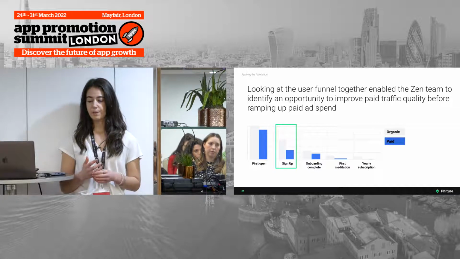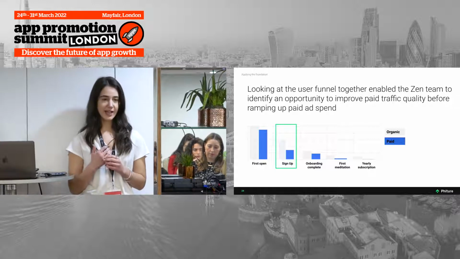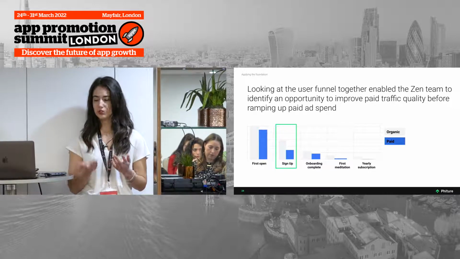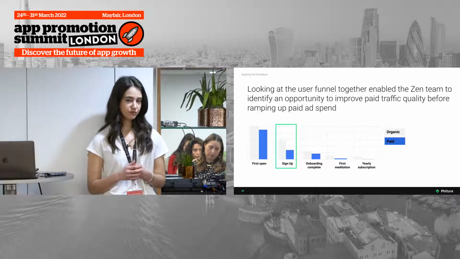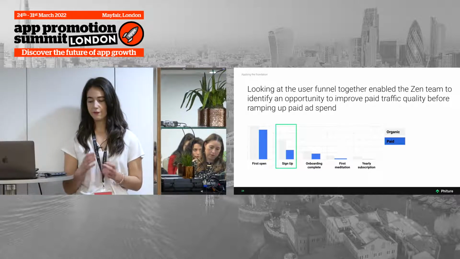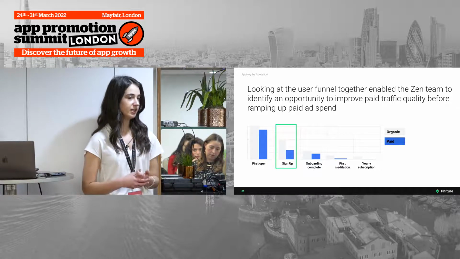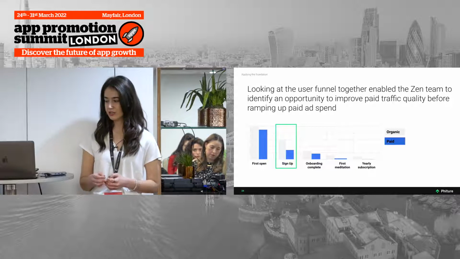Although the drop-off isn't as high for organic as it is for paid. And usually conversion rates on organic are higher anyway, but this might indicate that on the first open to sign up rate, there are some issues that we should try to figure out before we invest more and more money into our advertising strategy.